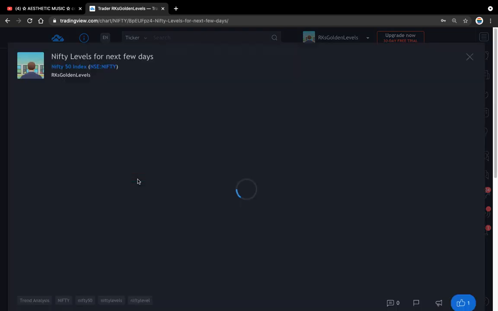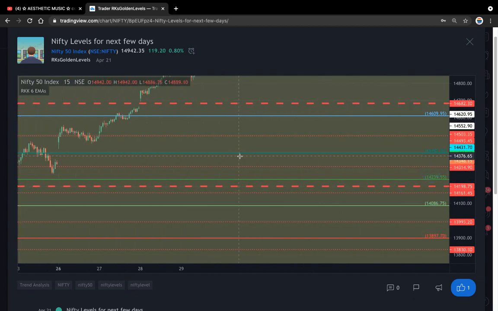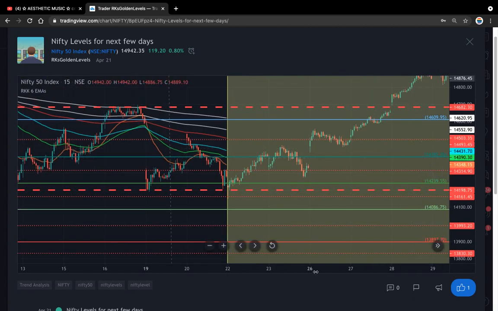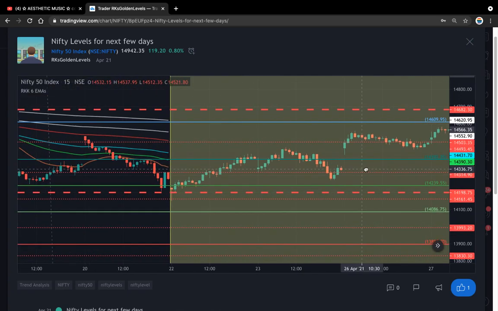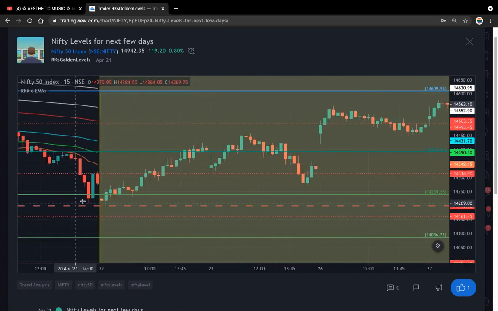Check out the levels for the Nifty. This is the 15-minute time frame. As you can see, you can zoom in, zoom out. Exactly, once it closed above, it stayed above. Target 1 is achieved, target 2 is achieved.